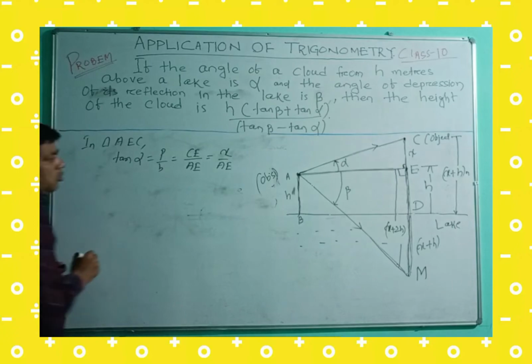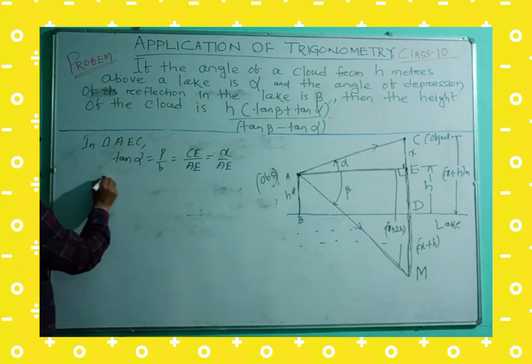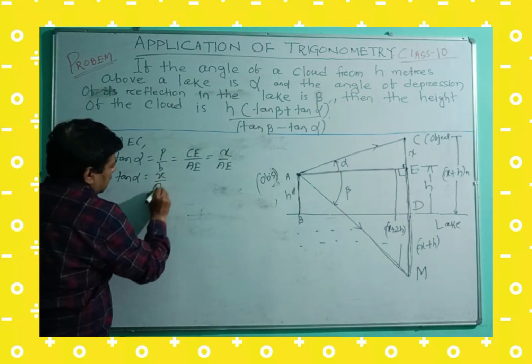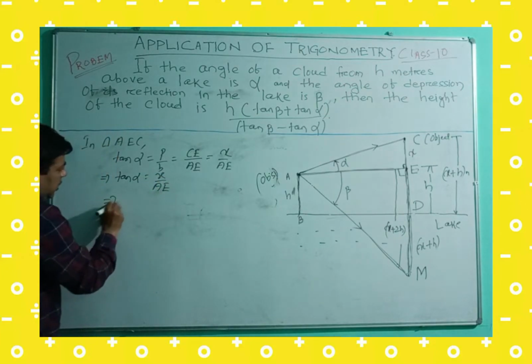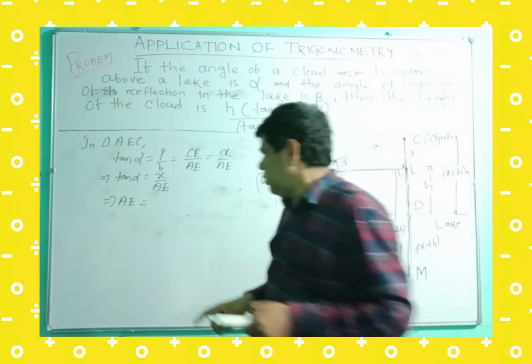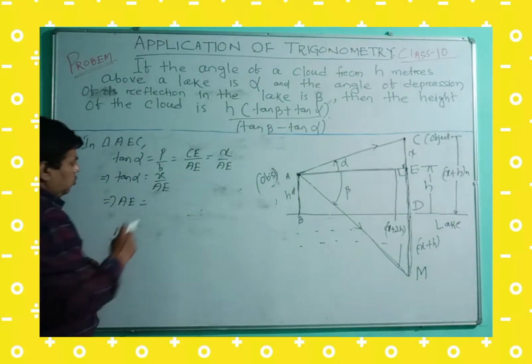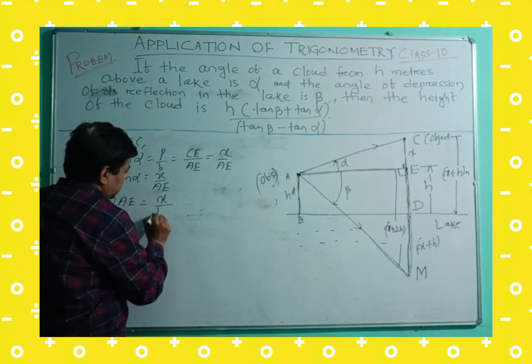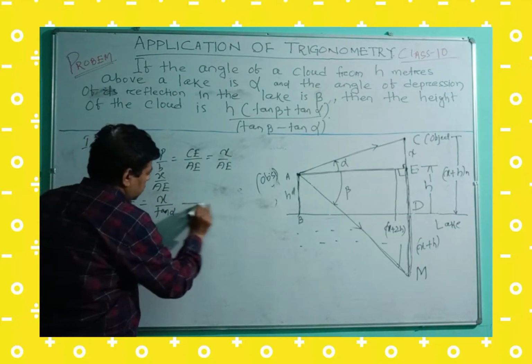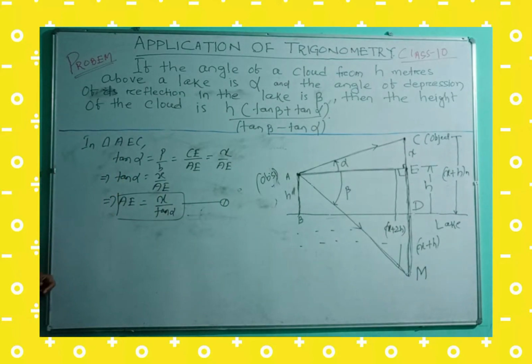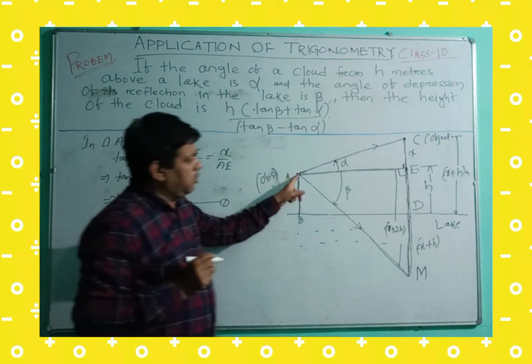So tan alpha is equal to X upon AE, and that implies AE is equal to X by tan alpha. Equation number 1, right? Understand?